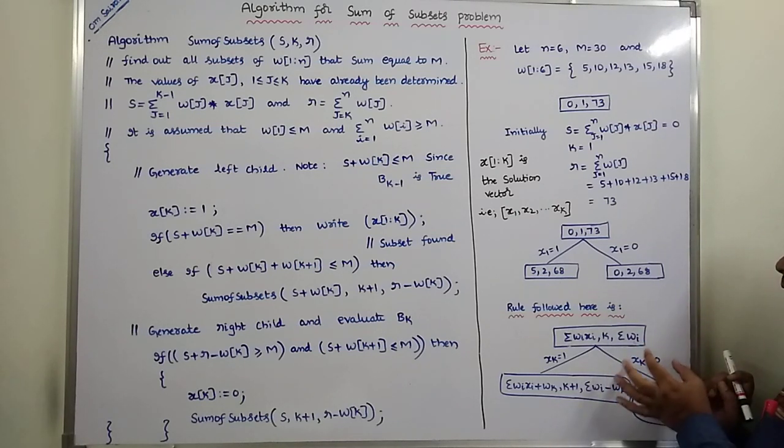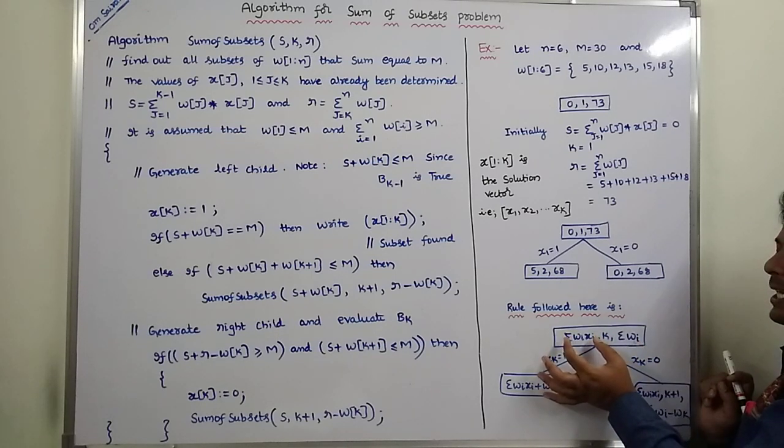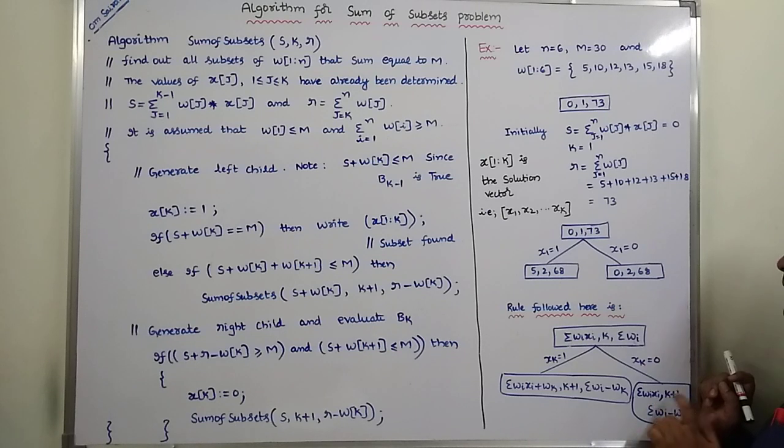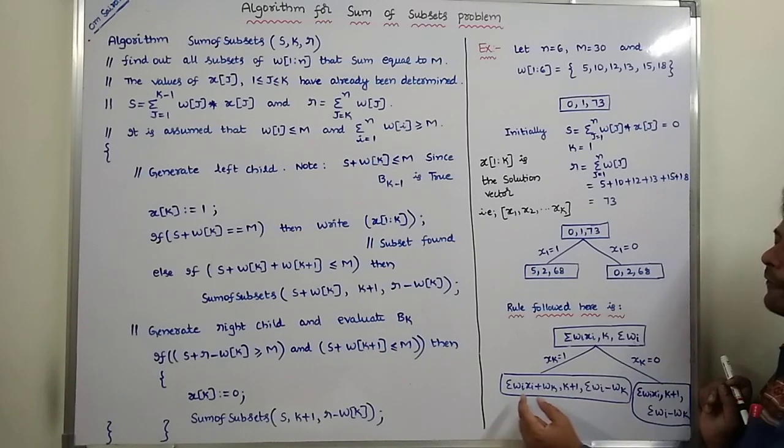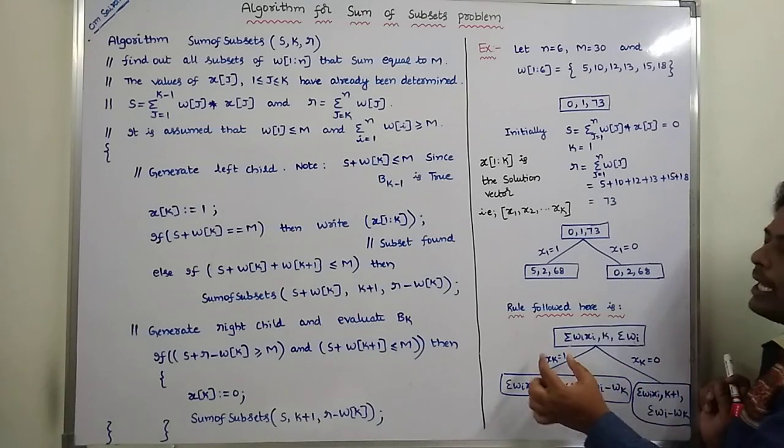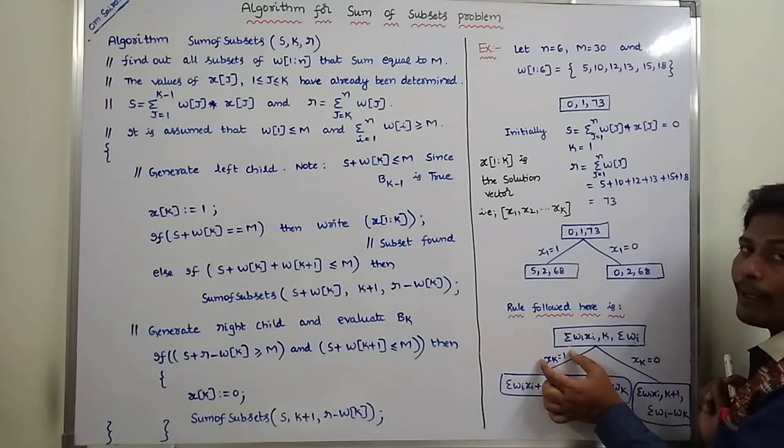At that time, if we do not consider the kth object, sigma wi xi does not change. Next is k plus 1, sigma wi minus wk. Here this is the same, only the first term is changed, because in the left child we have to consider the kth object.